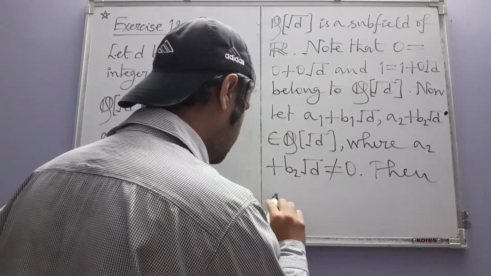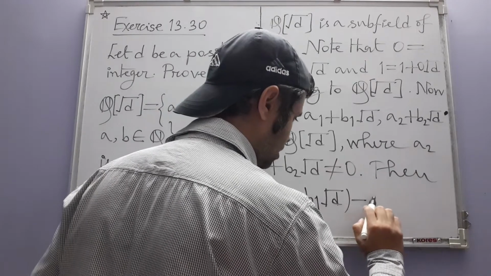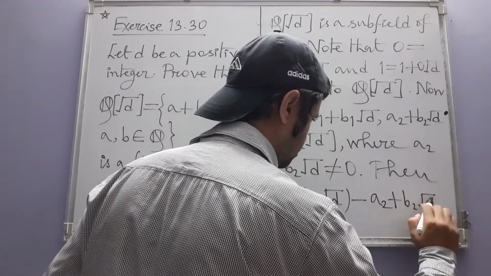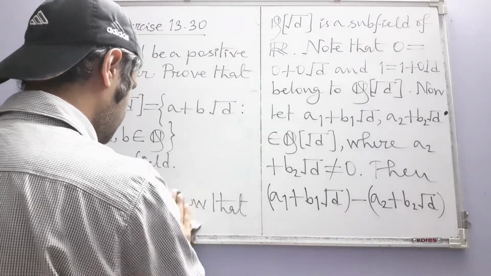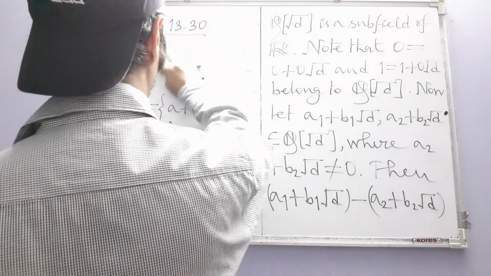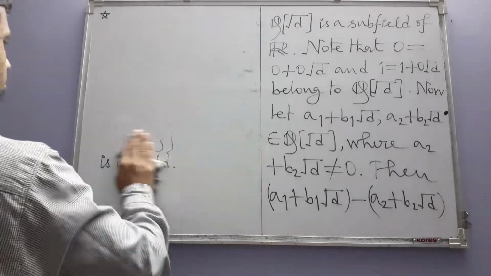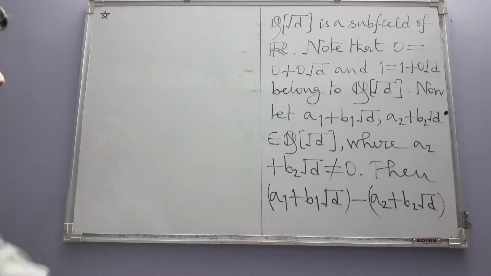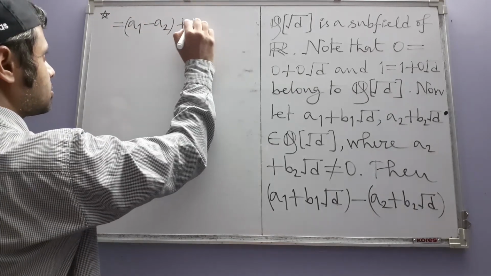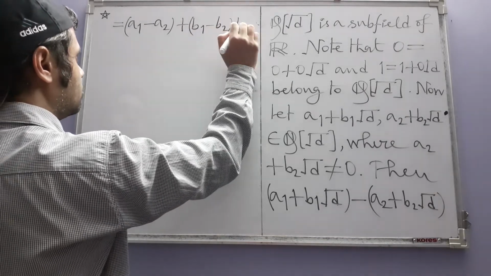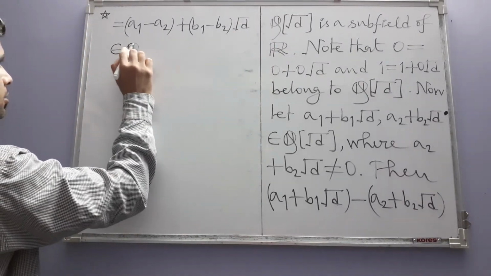first we look at the difference of these two things. A1 plus B1 root D minus A2 plus B2 root D equals A1 minus A2 plus B1 minus B2 root D, and this belongs to our set.